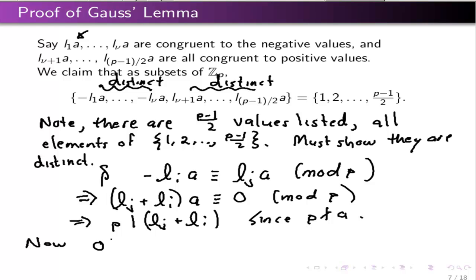So 0 is less than L_j plus L_i, and that's less than or equal to (P minus 1)/2 plus (P minus 1)/2, which is P minus 1. So how is it possible to have P a divisor of L_j plus L_i, and at the same time L_j plus L_i be a number between 0 and P minus 1? That's a contradiction.